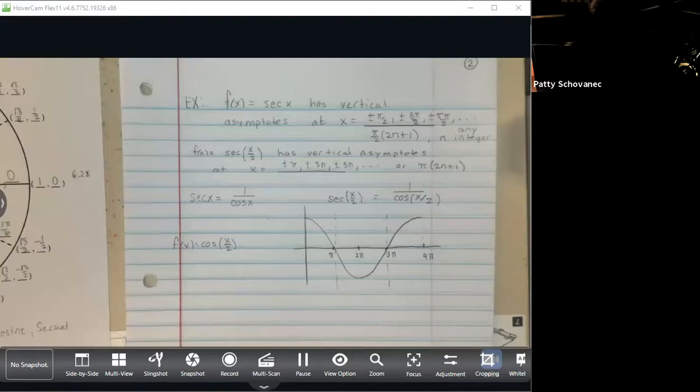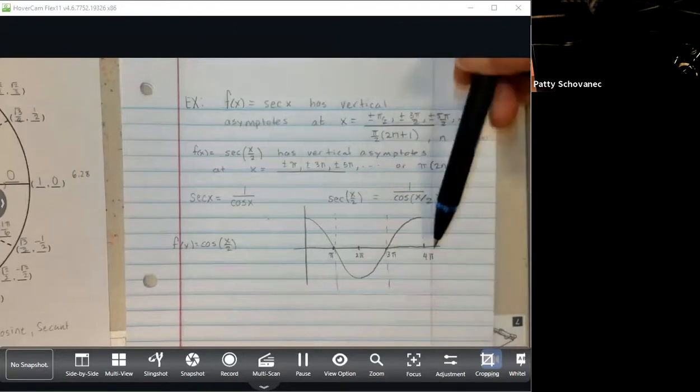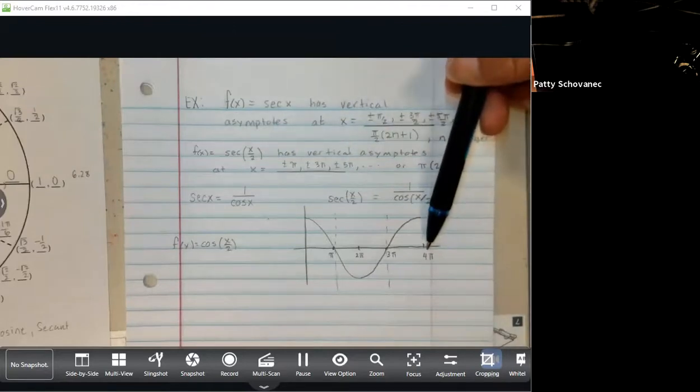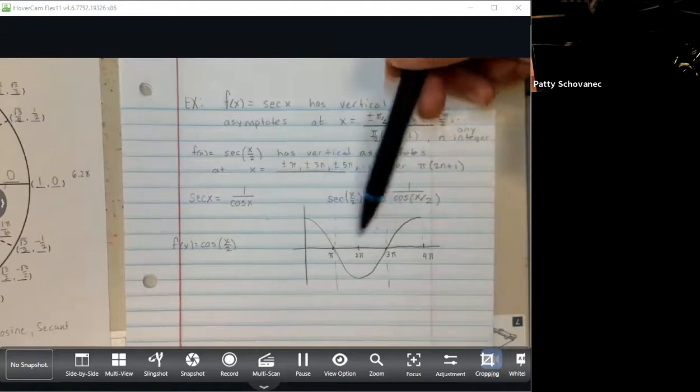Okay. So say that is 1/2 or 2 instead of 1/2. That's right. So it would do this if this were a 2 instead of a 1/2, then I would label this pi. And this would be 1/2 pi. And then these asymptotes would be at the fourths.